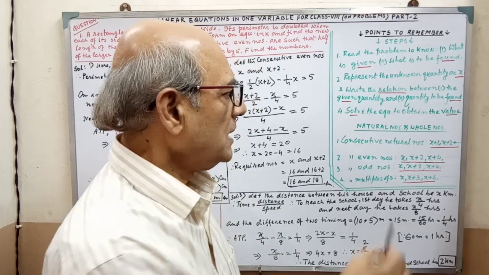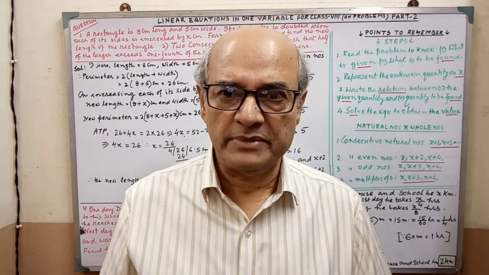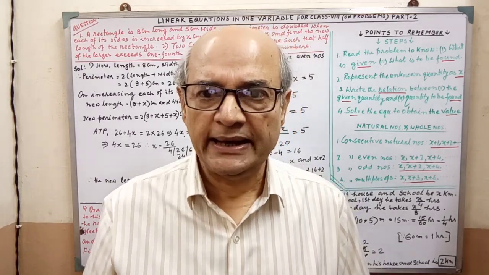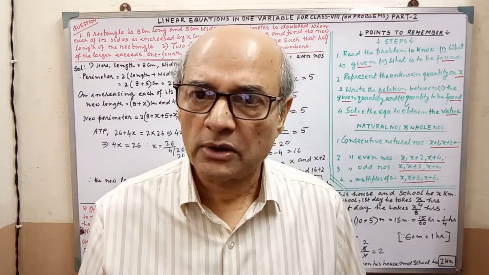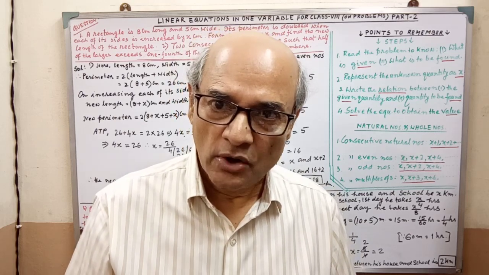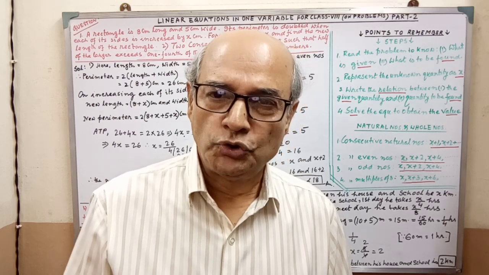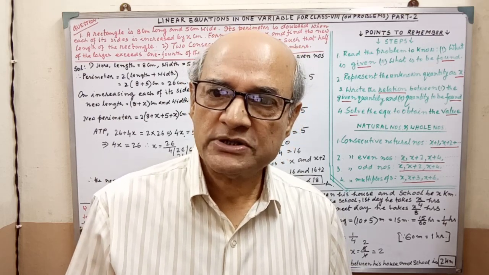Clear? Next, consecutive even numbers. Even numbers 2, 4, 6, 8, 10, etc. are the consecutive even numbers. Now you have to notice what's the difference between two consecutive even numbers. 2, 4. What's the difference? 2.